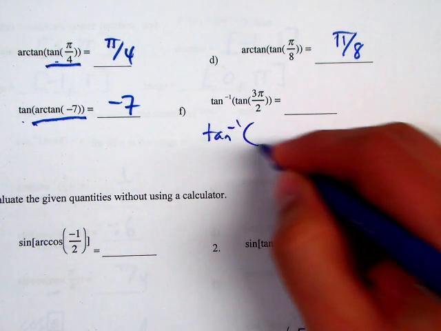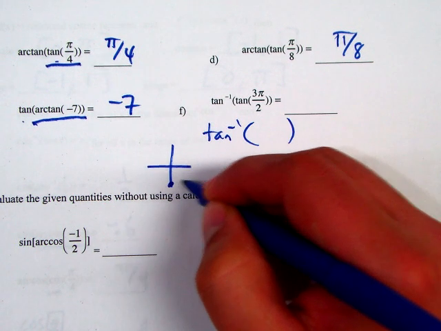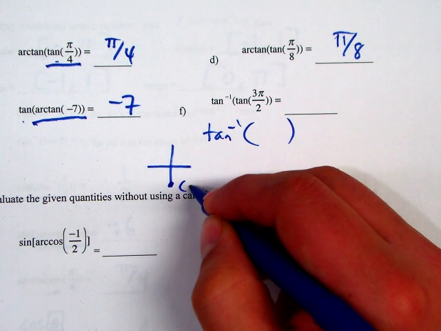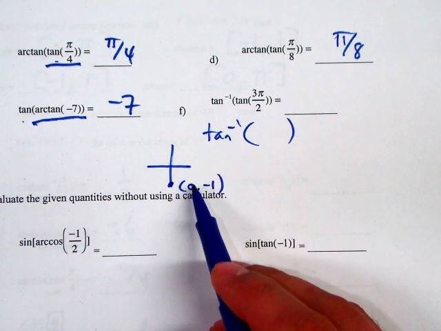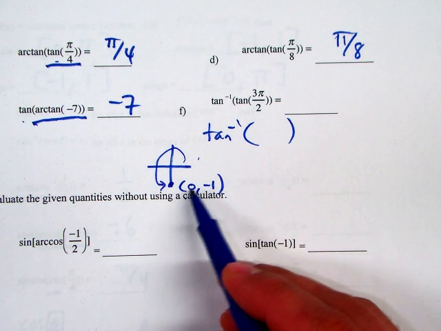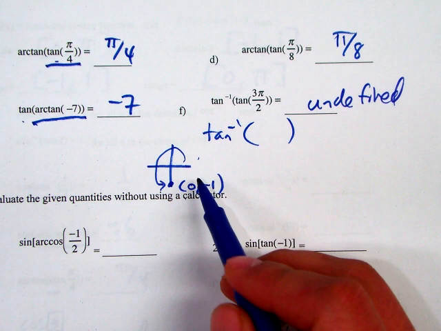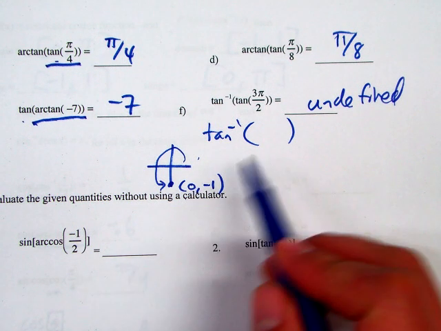The tangent of 3 pi over 2: the coordinates down here are 0, -1. So the tangent is y over x. We can't even do that, so this is undefined. Now, if this actually had a tangent value, then we can kind of keep going, but we can't in this case.